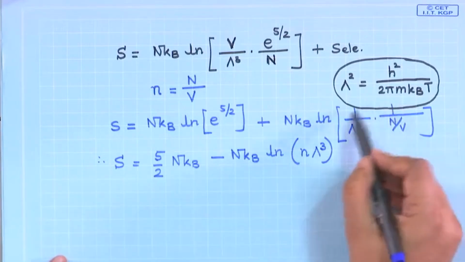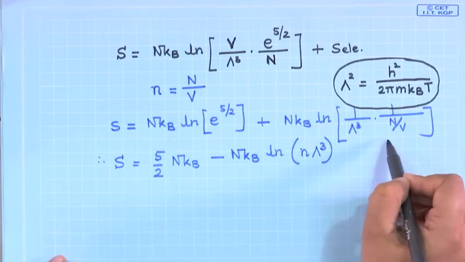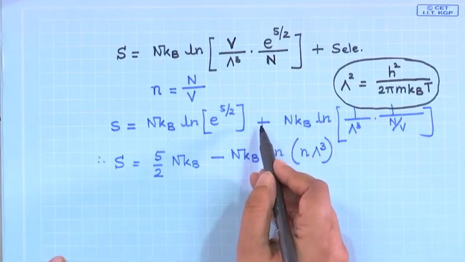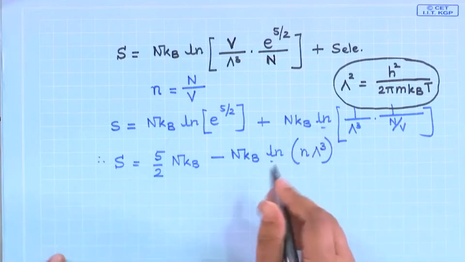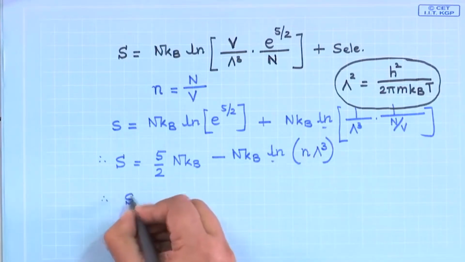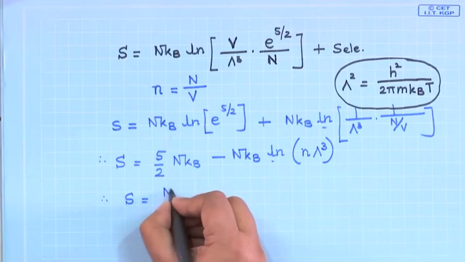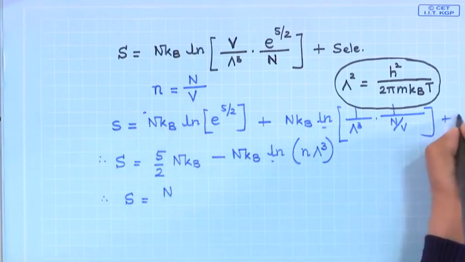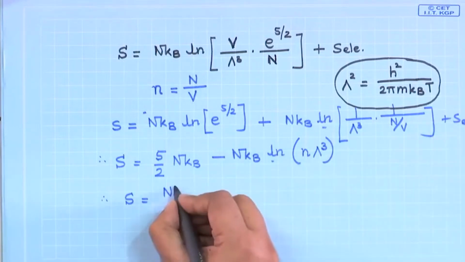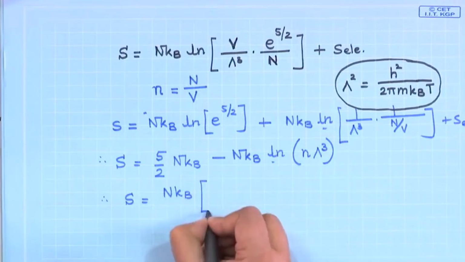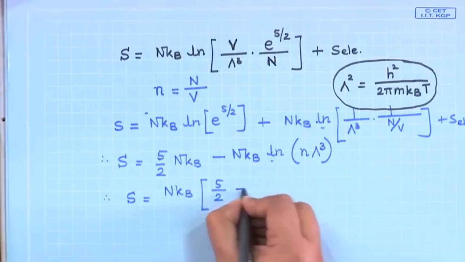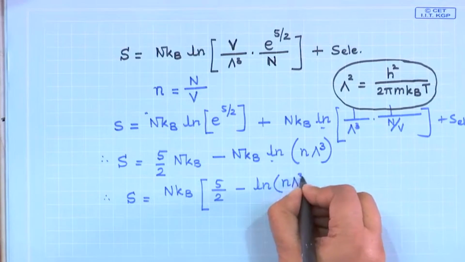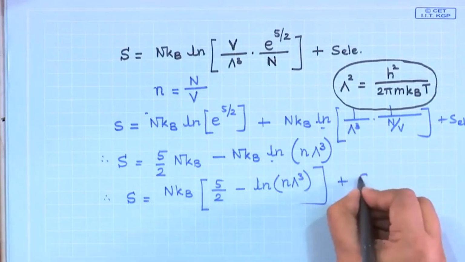So, what I have done is I understand that whatever I see here appears in the denominator. So, when I take it up, a negative sign comes over here because I have a logarithm here, and therefore I can very easily say that capital S in this case, and of course you have this plus S electronic, is n k_B multiplied by (5/2 − ln n λ³) plus S electronic.